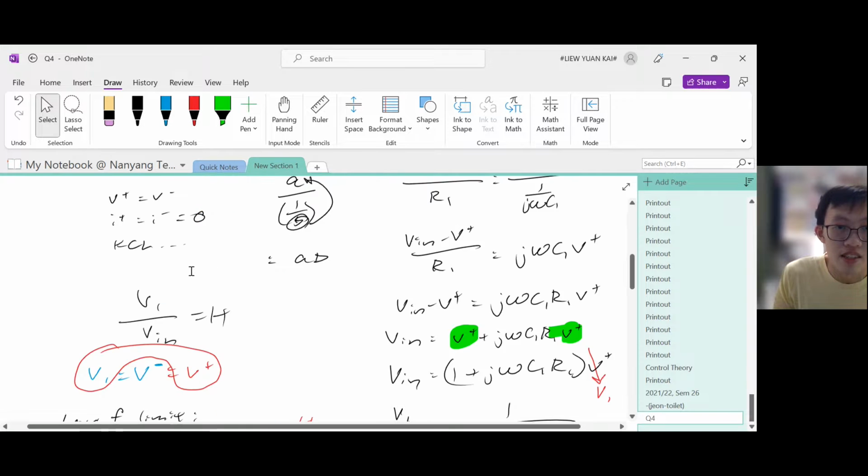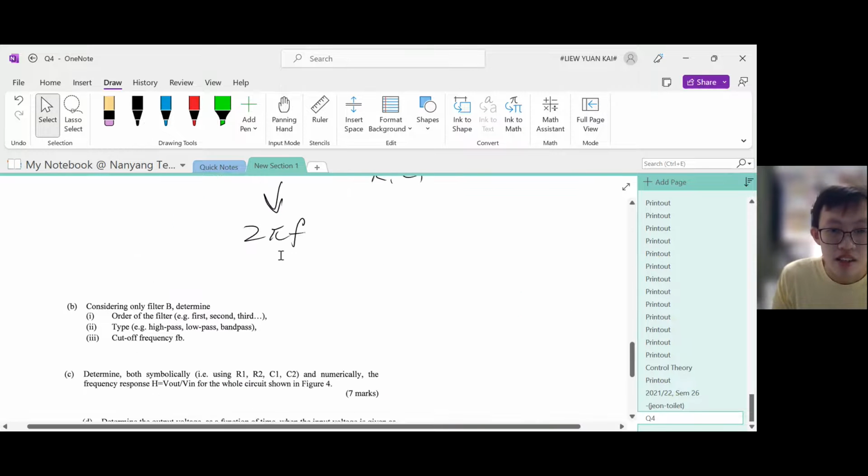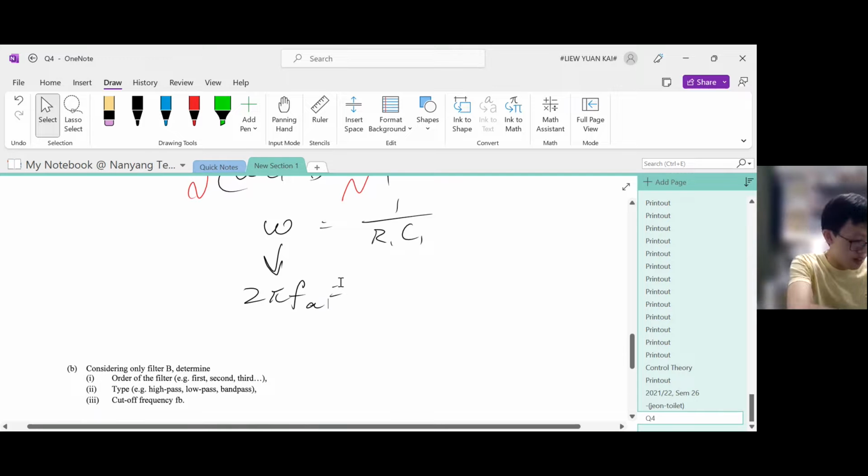In this case, it's filter A, so they ask for FA. F subscript A. So FA is equal to, let me find my solutions.